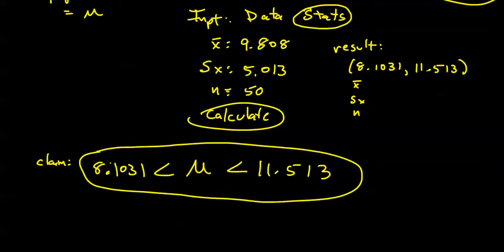Now notice in 7.3 we had a p in between these inequality symbols. Here in this section we're not estimating p, we're estimating mu, a population mean. And I can label this very easily. This is my 98% confidence interval estimate for mu.